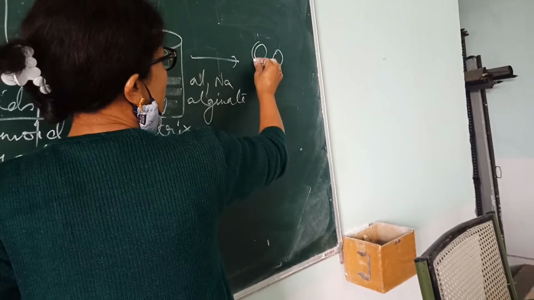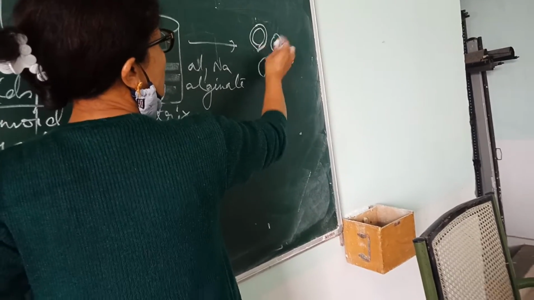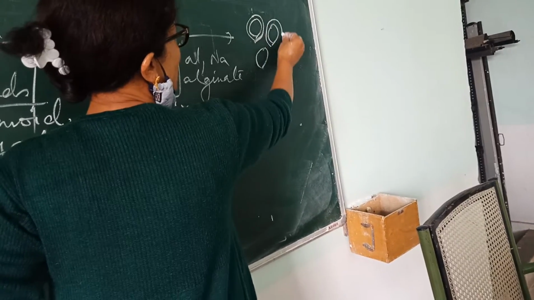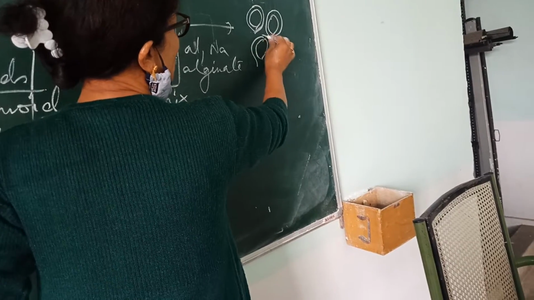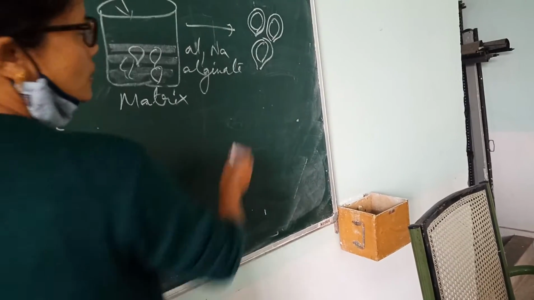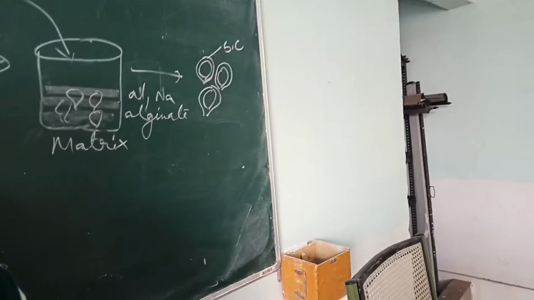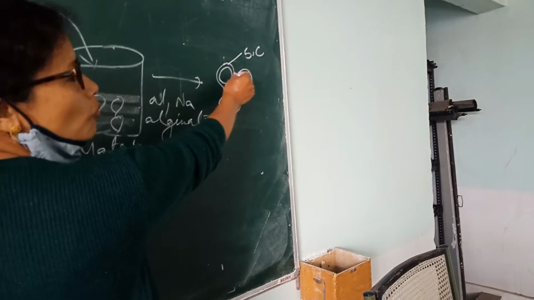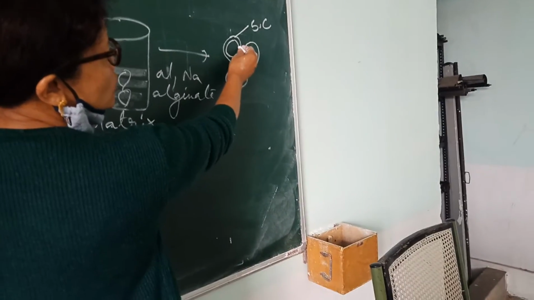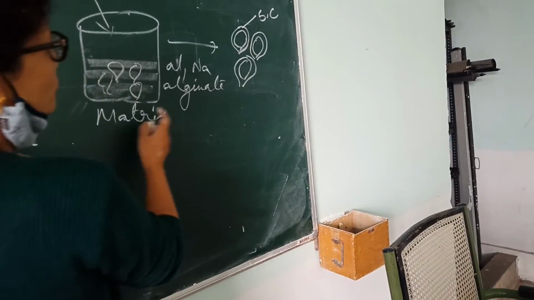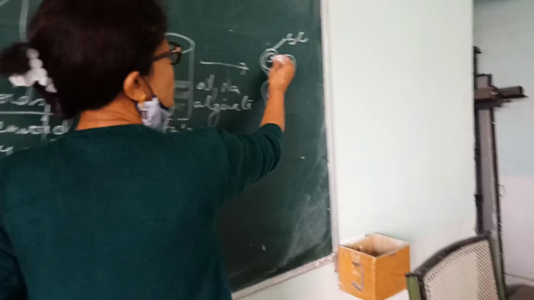The matrix will form a covering, an envelope, a coat around these embryos. Now this behaves like what? It behaves like a seed coat. It keeps moist whom? The embryo inside.